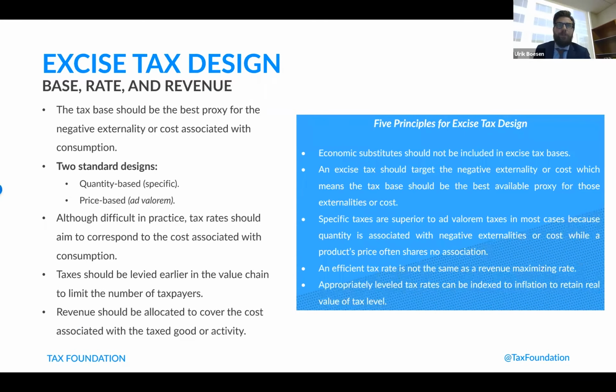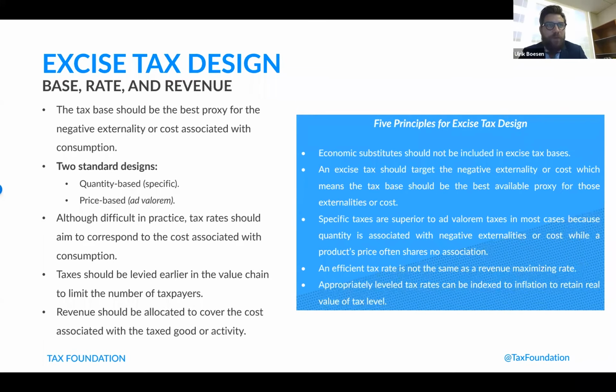Now, that was a little bit about the basic understanding of excise tax, what we use them for. As I said, these should be applied if there's a negative externality we would like to internalize, or if we want to establish a user fee system. And that determines what kind of tax base we should use, because the tax base should be the best proxy for the negative externality or cost associated with the consumption.